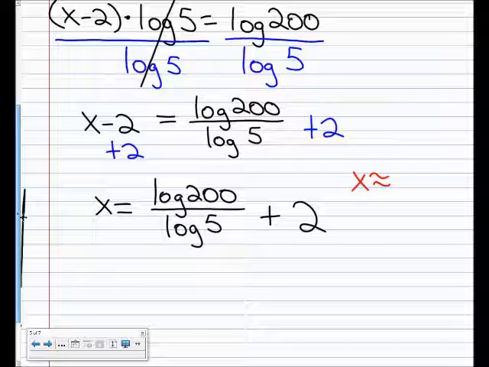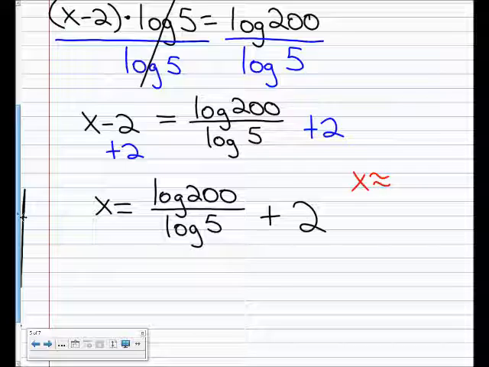If you hit that, it should give you a fraction. So you should be able to type that in. Make sure you add 2, and then you should get a decimal approximation.